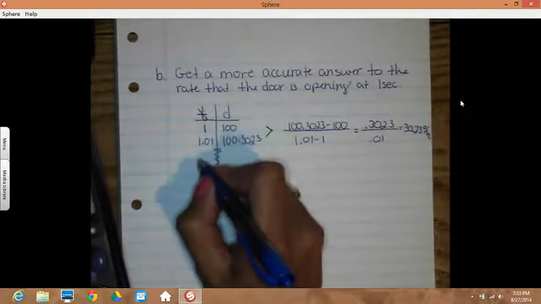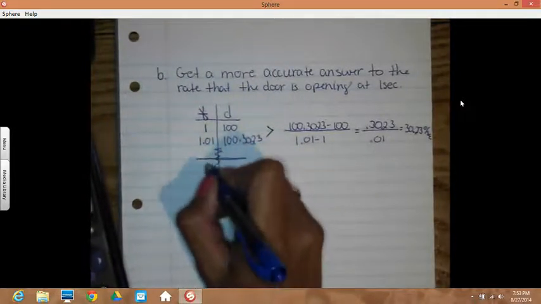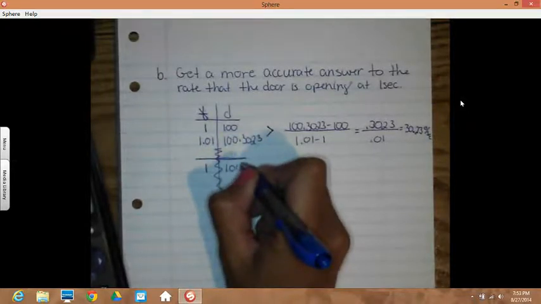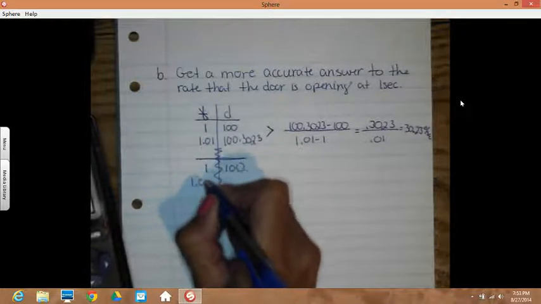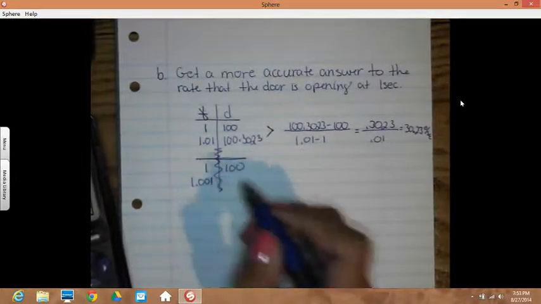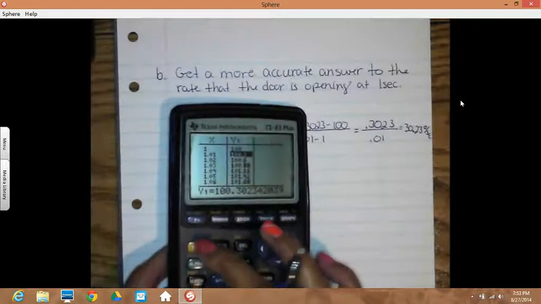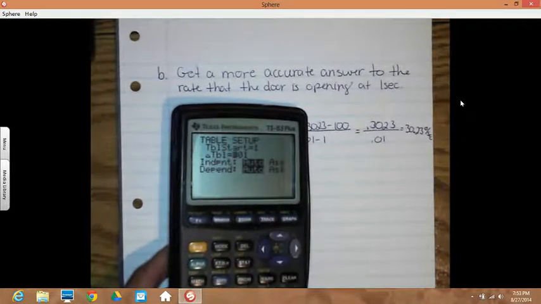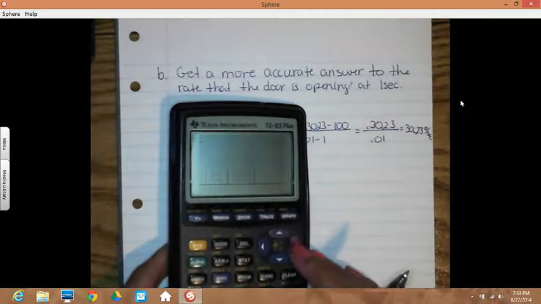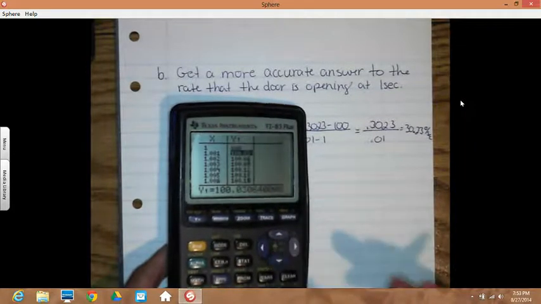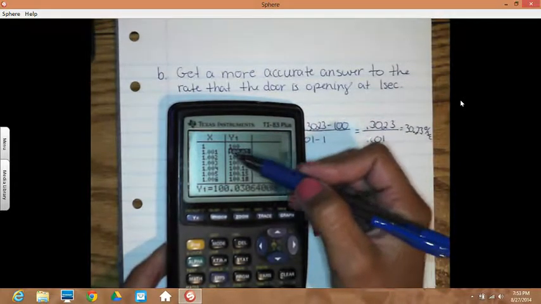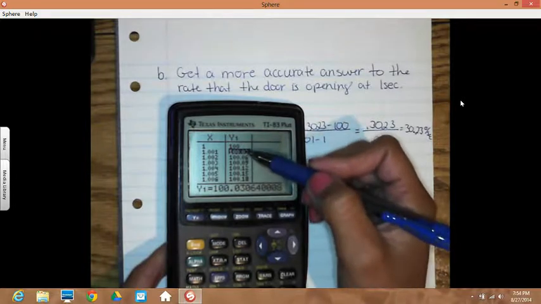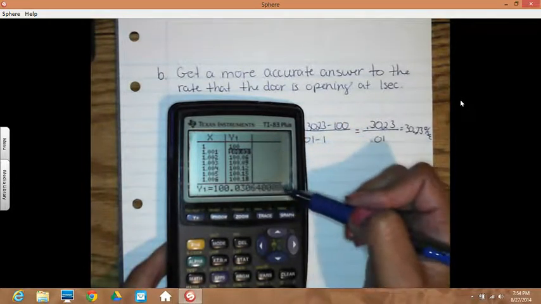Okay, pretend I started a new table here. 1, I know is 100 still. Get closer to 1 than 1.01. I'm going to go 1.001. So I'll go back to table set, change this to 0.001, and go back and look at the table. And again, you can't just look at what's in the table because the table only shows you five places and it chops it off. You got to get on it and then it shows you all the decimal places down here.